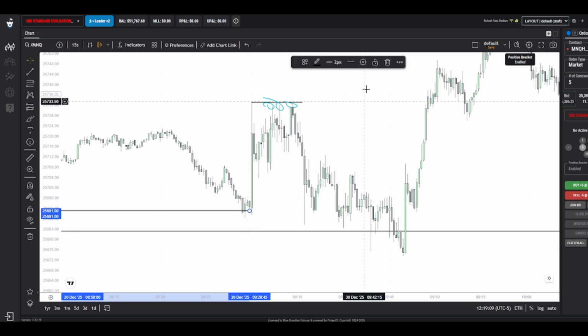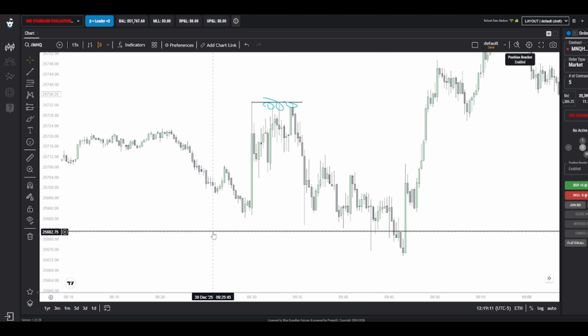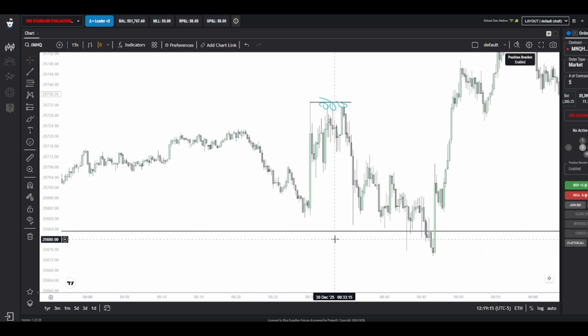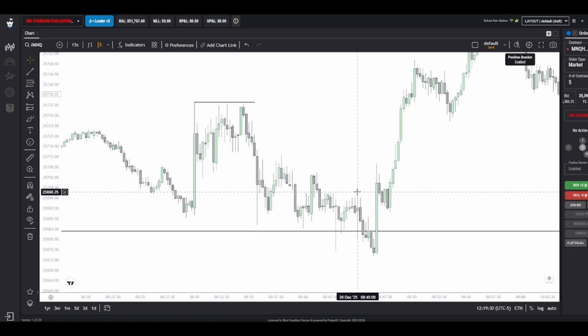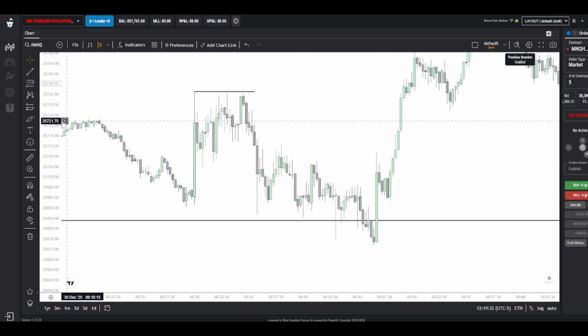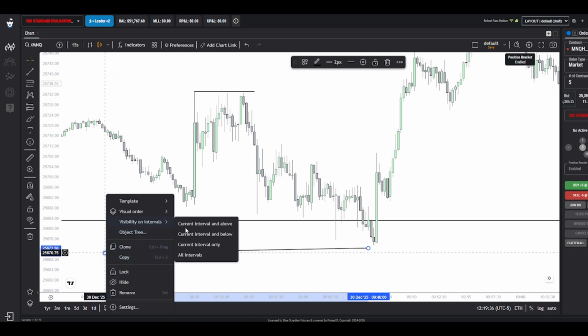As you can see, this black line is liquidity, so it's my POI that I was showing you at the beginning of this video. So price tagged my POI. Take a look at the intermarket relationship because we had big SMT right there.